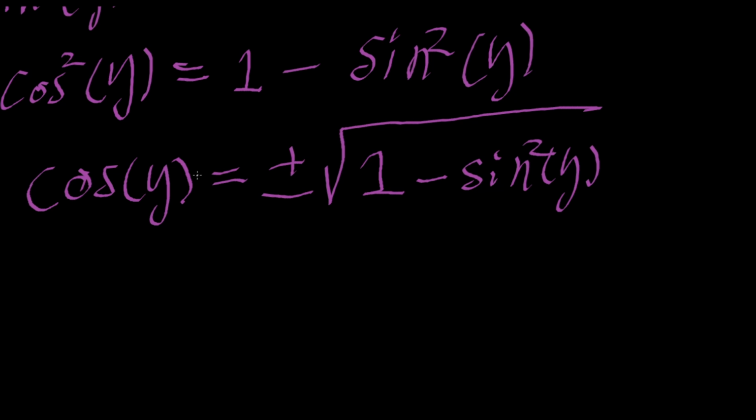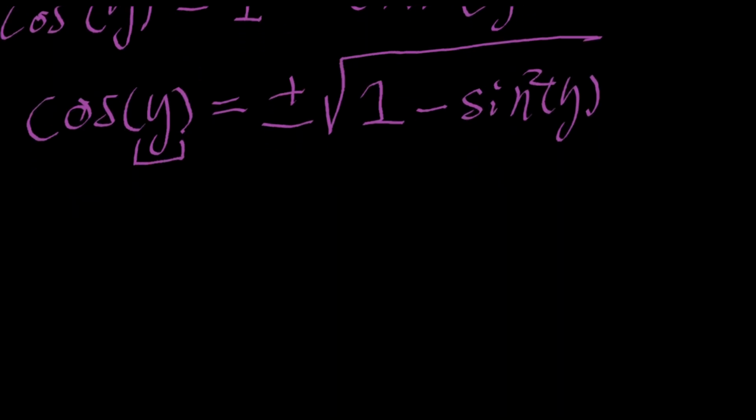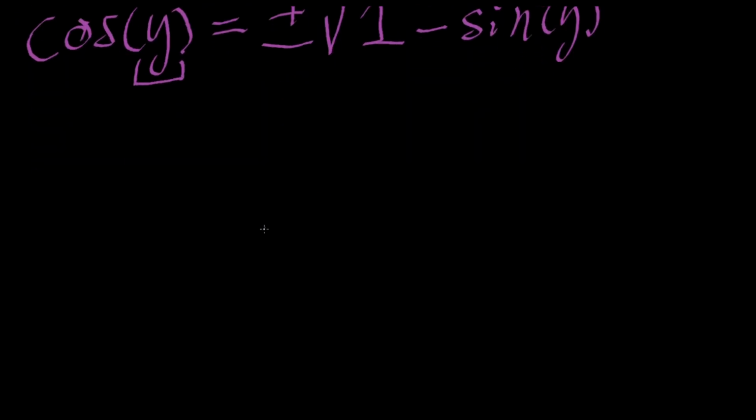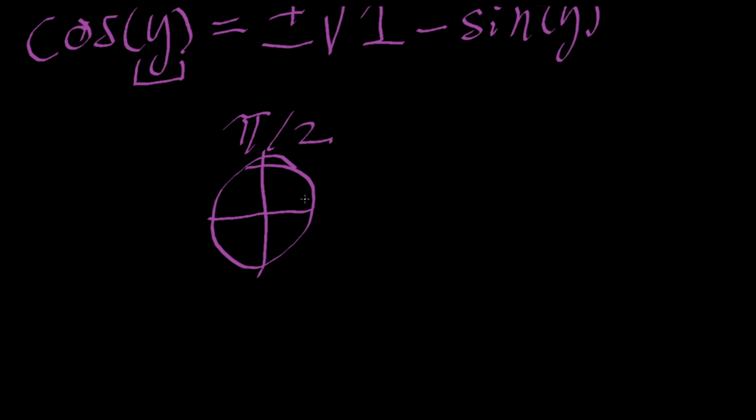But what is this y? We said that y was arcsine of x. Arcsine of x, it's just an angle. However, this angle, let me draw a unit circle. Arcsine is only defined between pi halves and negative pi halves. So arcsine of x can only take angles in here.